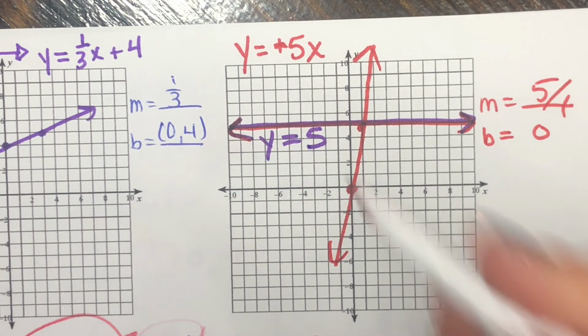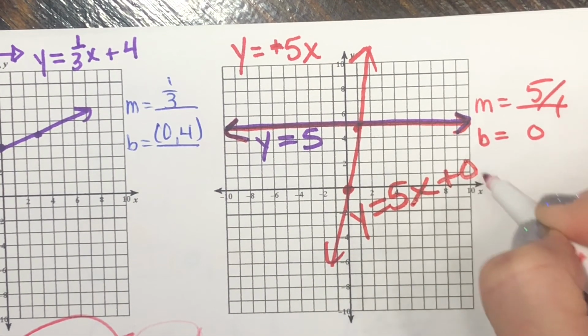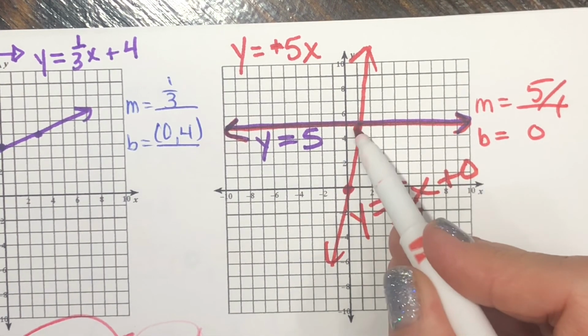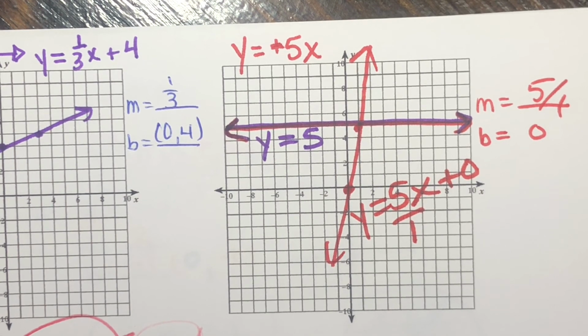This one is y equals 5x because your beginning value is 0. And from 0, you're going up 5 over 1. Okay, that's how we are going to graph linear equations in slope-intercept form without using that funky table of values.